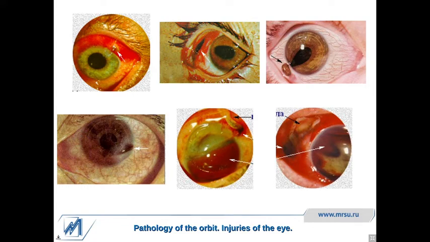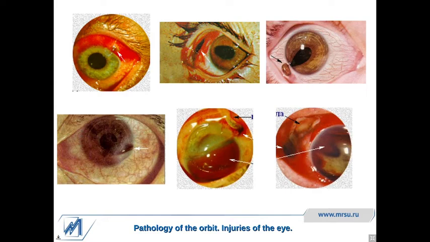The third picture shows a scleral wound near the limbus, and the iris is visible through this scleral wound. On the lower line, the first picture is a corneoscleral, mostly corneal, penetrating defect, and there is iris in this corneal wound.